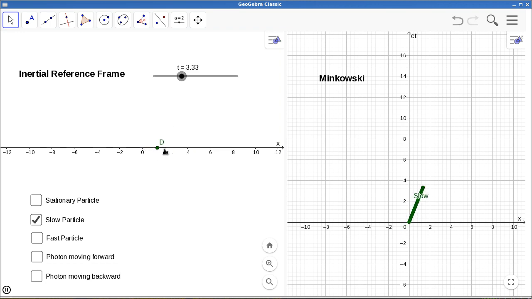As the particle D moves along the x-axis, its position is changing in the Minkowski space-time, as well as its time. A uniformly moving particle in one dimension will represent a straight line with a certain slope in the Minkowski space-time. This is for a particle moving at some slow or moderate speed. Of course, it is relativistic.